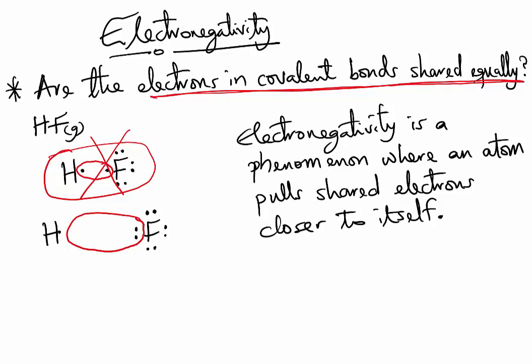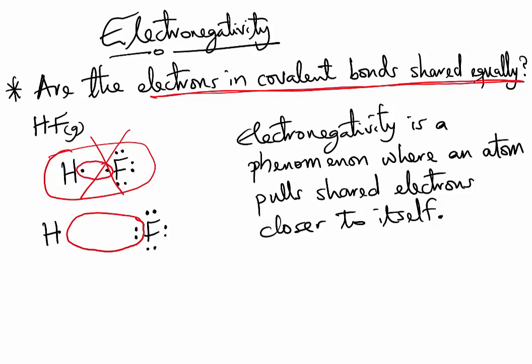This means that a highly electronegative element will be very greedy for electrons. If a highly electronegative element is sharing electrons with another atom, it will pull shared electrons closer to itself.